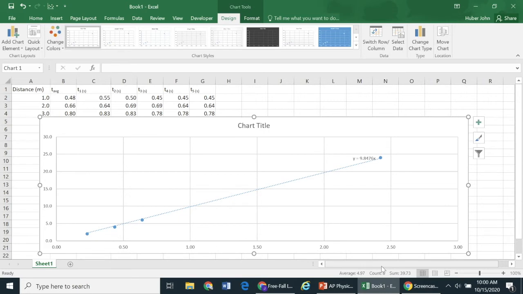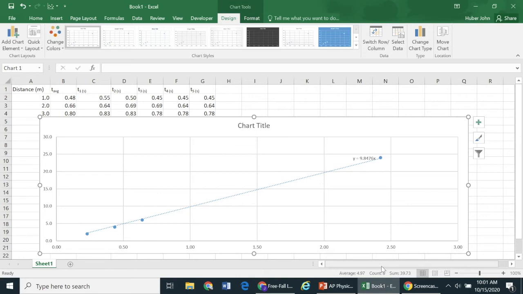Interestingly enough, reaction time is not really an issue here. And the reason why is because if your reaction time is constant, which it usually is, then that means when you're supposed to start the clock, you're delayed. And when you're supposed to stop the clock, you're delayed.